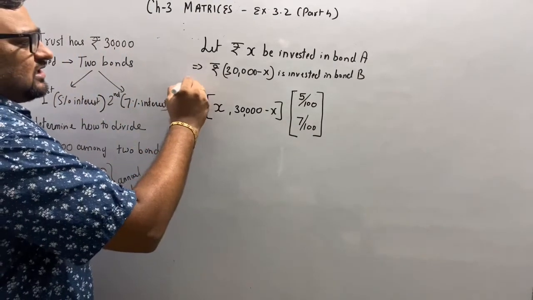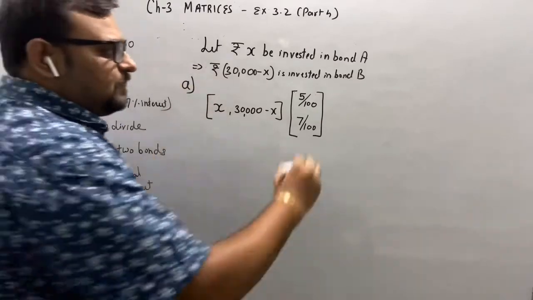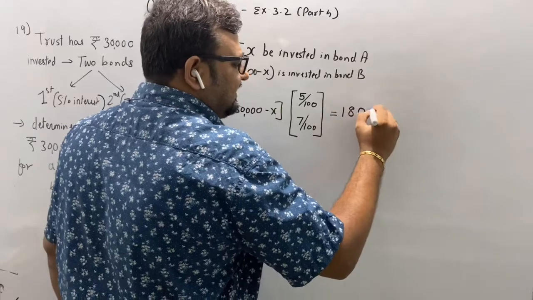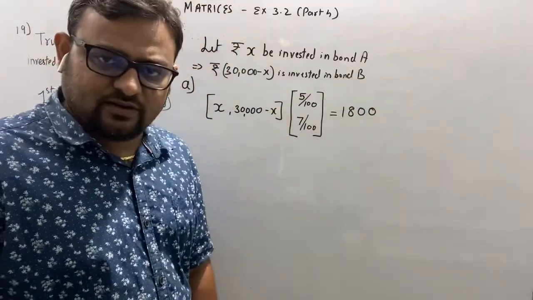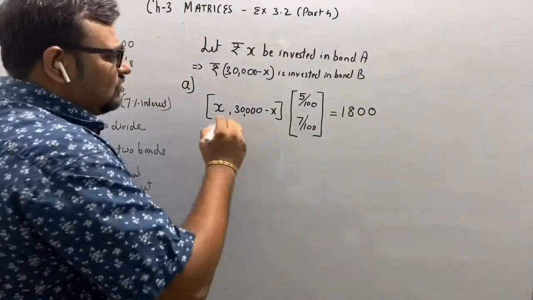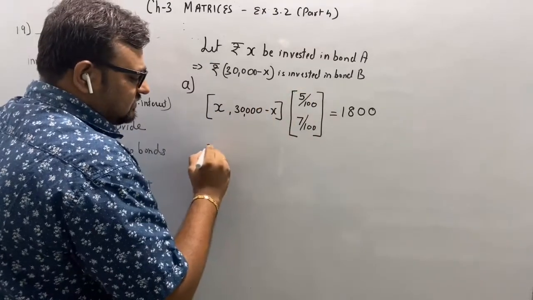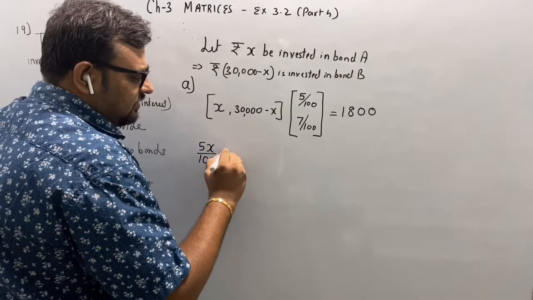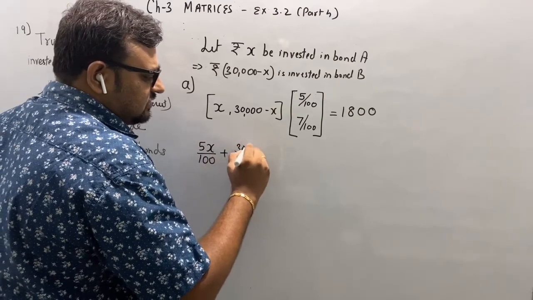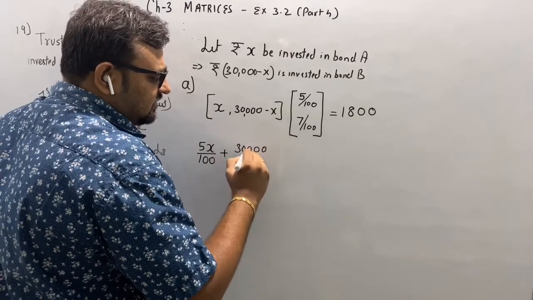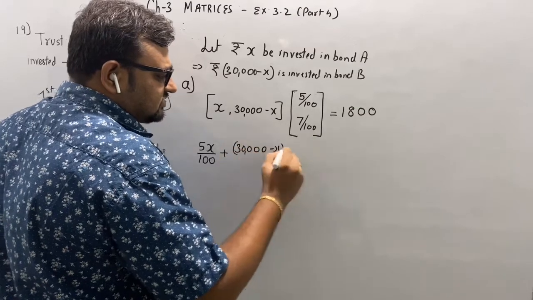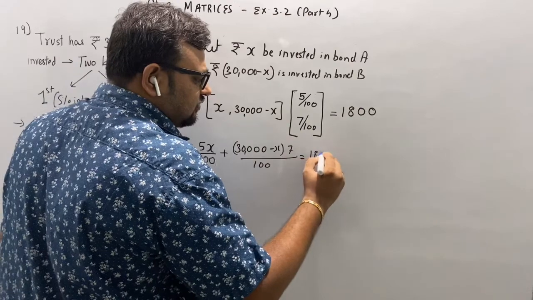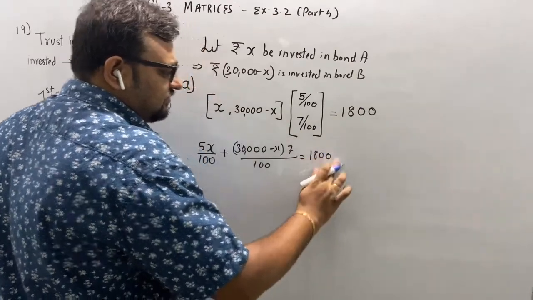When I multiply each amount with its percentage, how much should I get? 1800. Let's say we are solving for A. This will be equal to 1800. So multiplying, x into 5 by 100 means 5x by 100, plus 30,000 minus x into 7 by 100, equal to 1800.